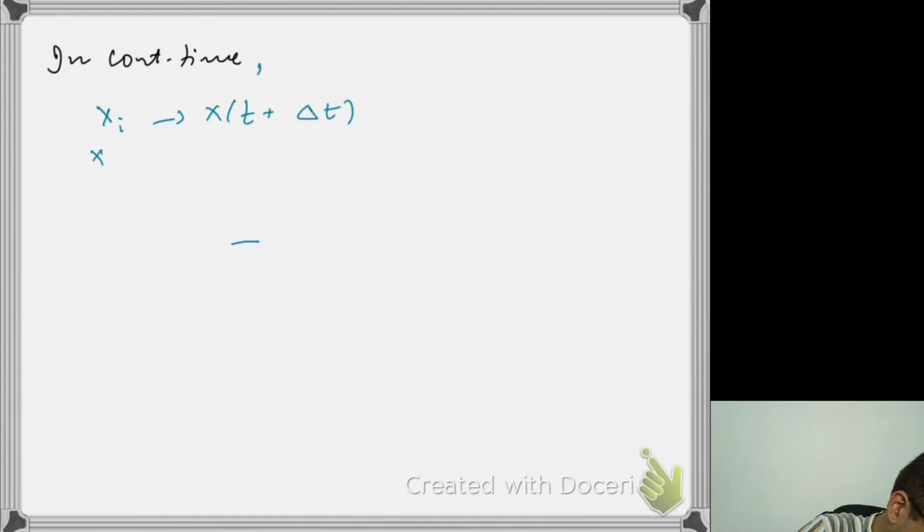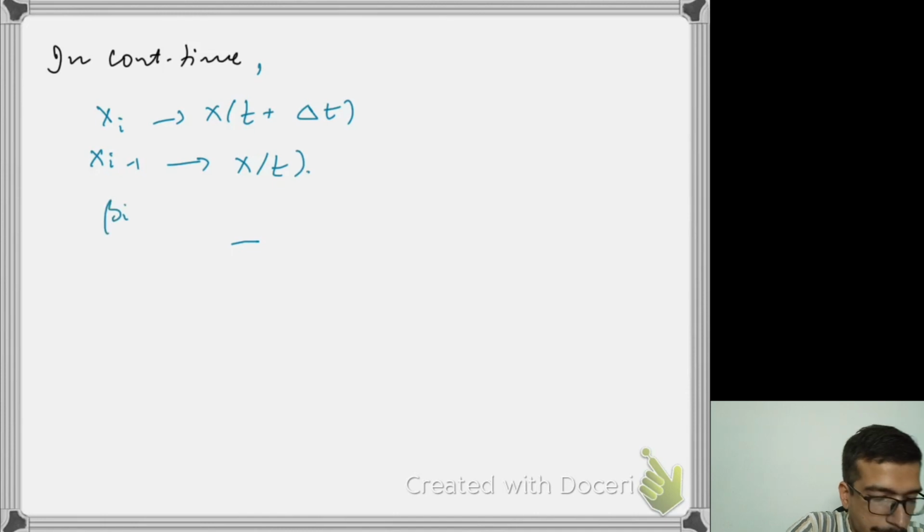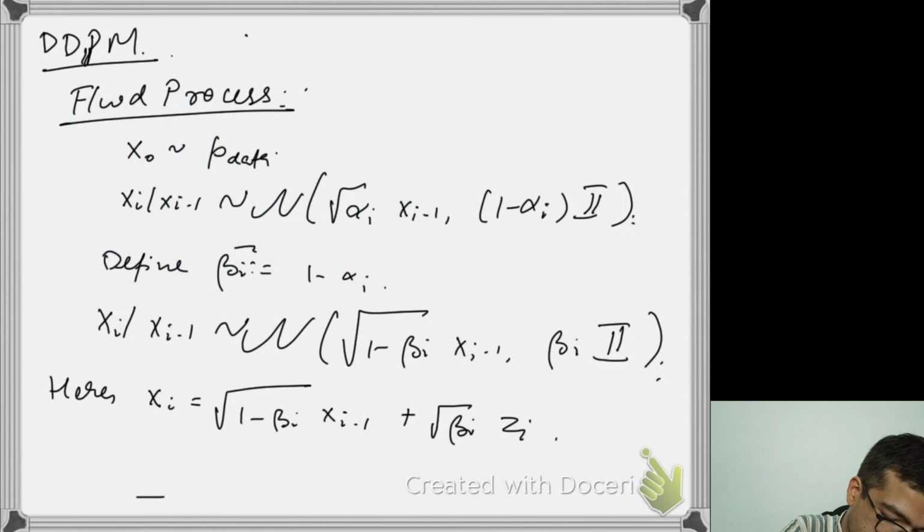Xi minus 1 I'm going to replace by xt. And now this is interesting. Beta i I don't replace by beta t, I replace by beta t times delta t. You may be wondering why. Because xi is square root of 1 minus beta i xi minus 1 plus root of beta i zi.